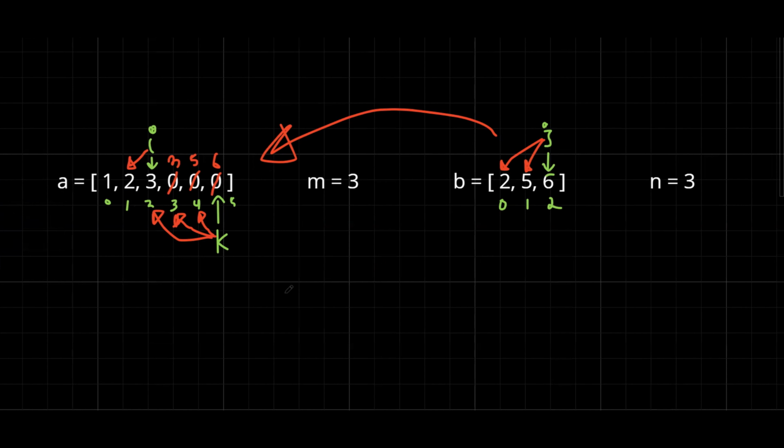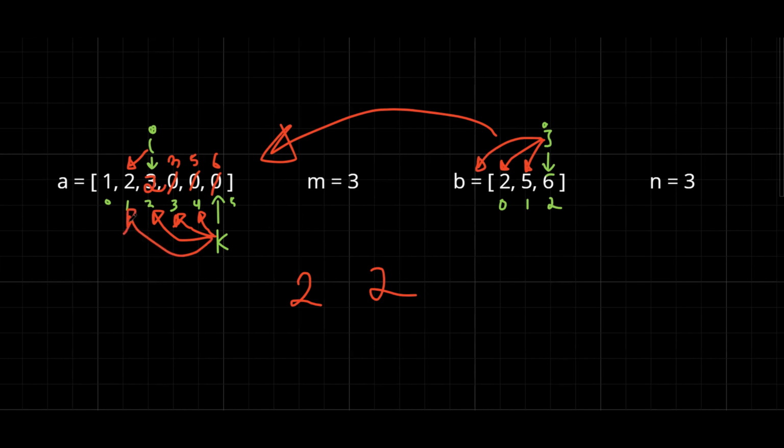Now, the value at the ith index is 2 and the value at the jth index is 2. Both of them are equal, so we have to put 2 here instead of 3. Now suppose this 2 comes from the last array. Now we have to update our pointer j and our pointer k.